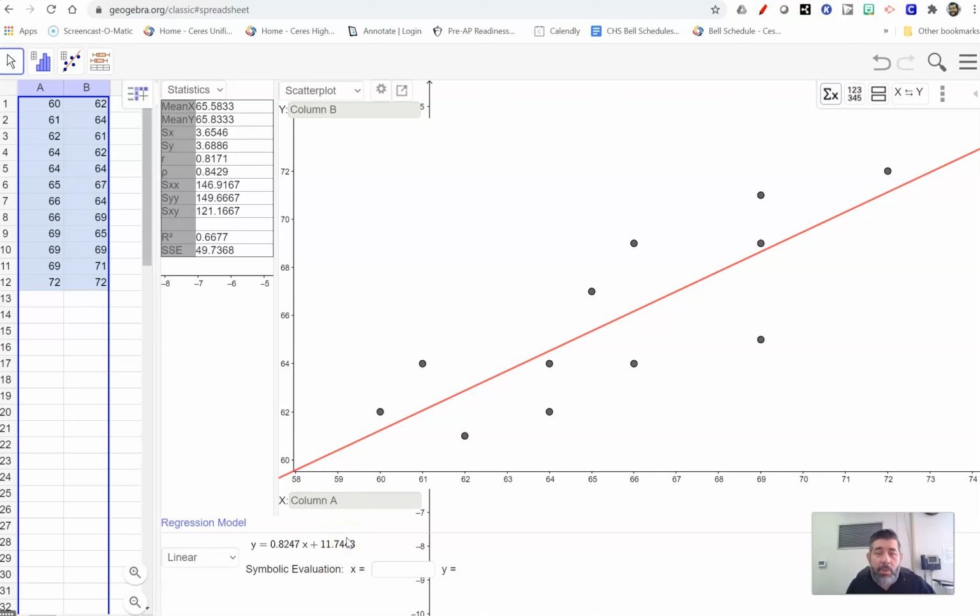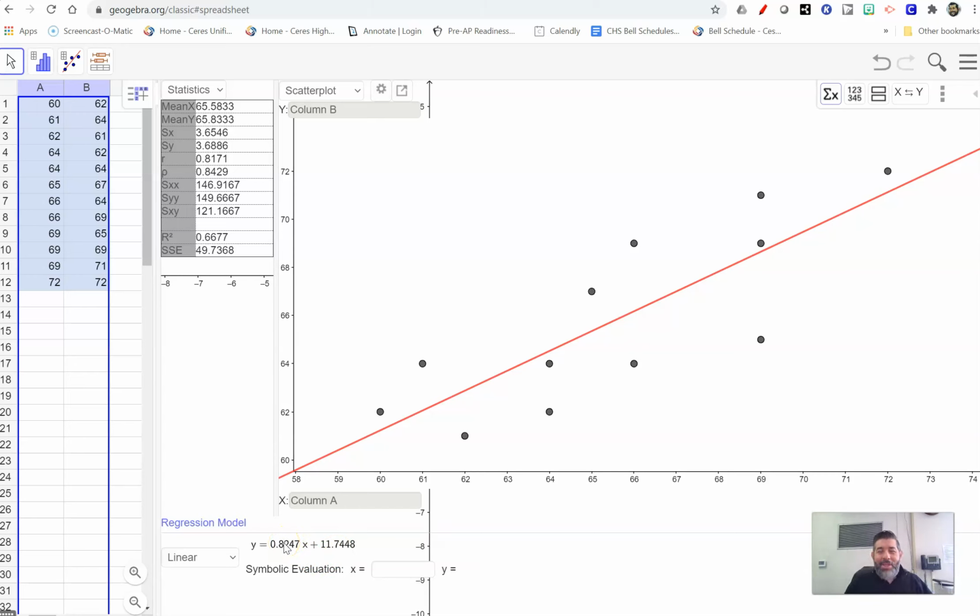If we were going to interpret these, it's really weird, but if somebody had 0 height, we would expect them to have an average wingspan of about 11.7. Weird, but okay.